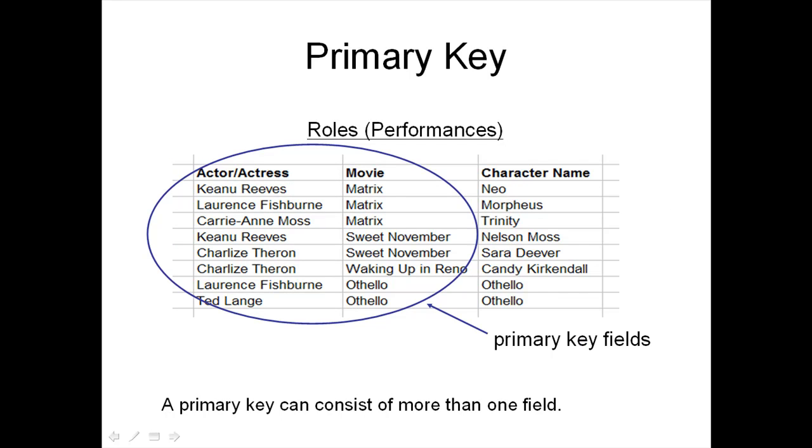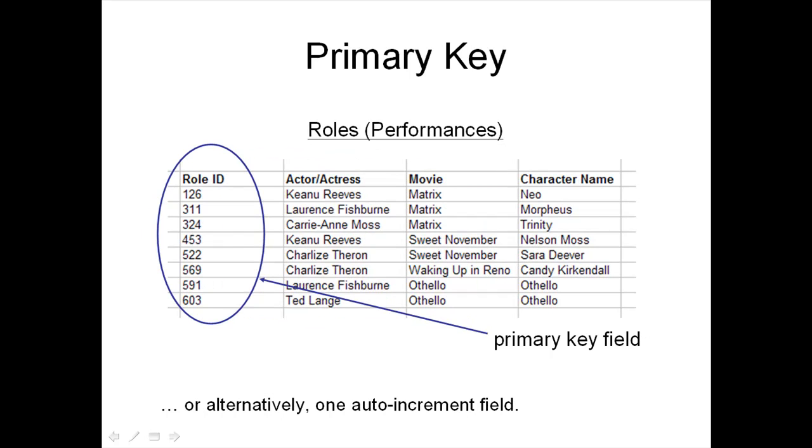But it's possible for a table to have two or more columns come together and form the primary key. An example would be a roles or performances table in a movie database, which joins an actresses table to a movies table. In this example, it's also possible to use a single column primary key that would involve an auto-increment field.